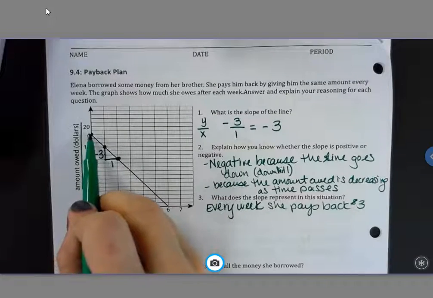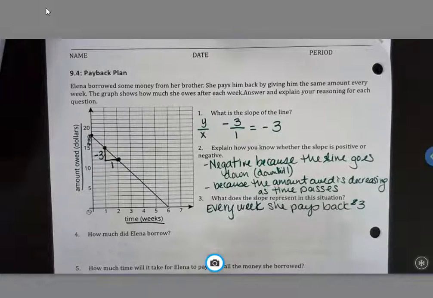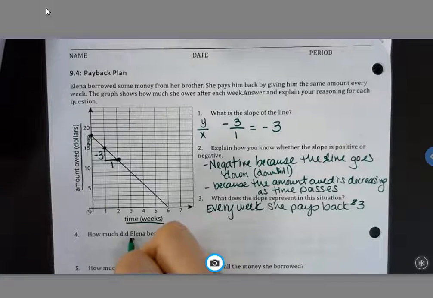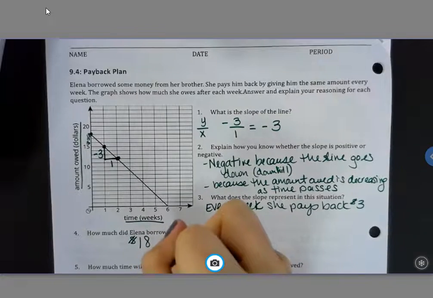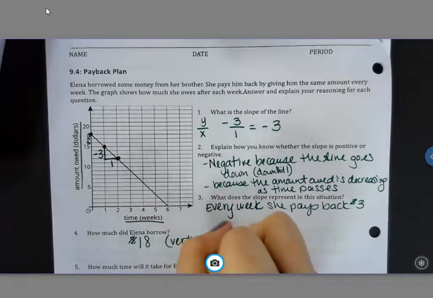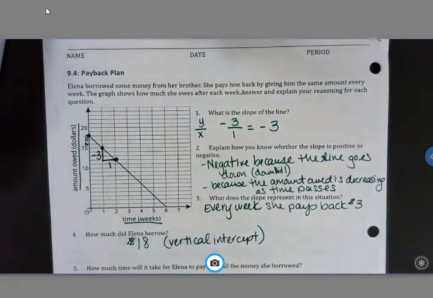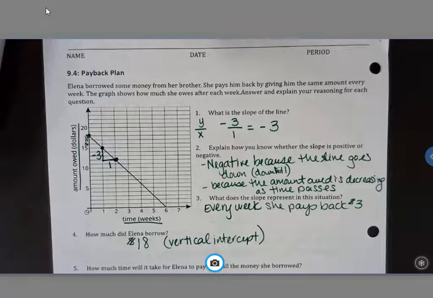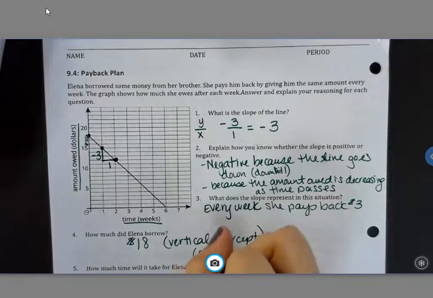That's when she borrows the money. So our vertical intercept right here is what's going to be how much Alina borrowed in the beginning. So she borrowed $18 in the beginning. And I'm going to put that it was our vertical intercept. I'm going to put the point 0, 18.